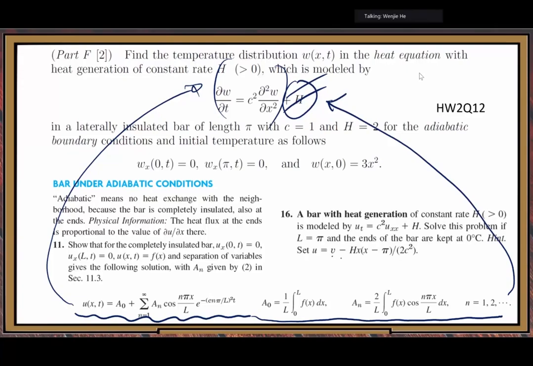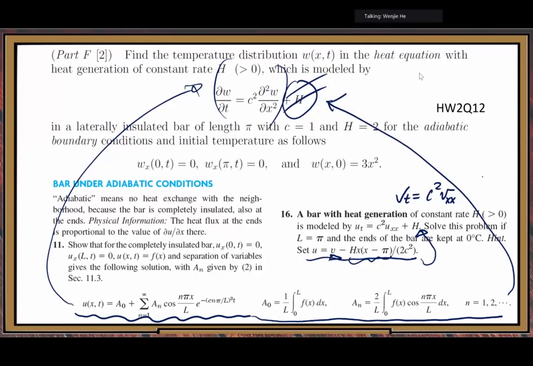You introduce the v function. The relationship between u and v is this special quadratic polynomial. If you plug into this equation, you will get v_t equals c squared v double x.